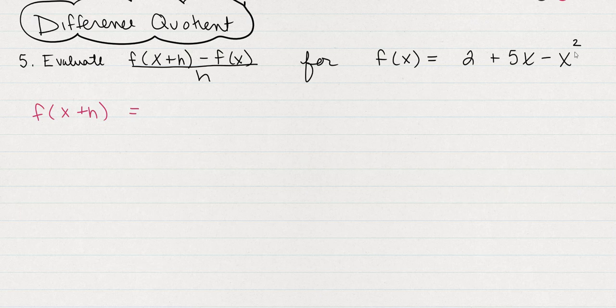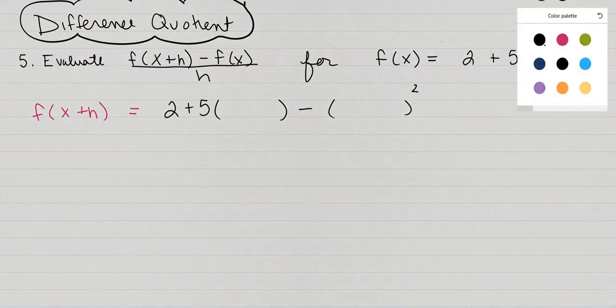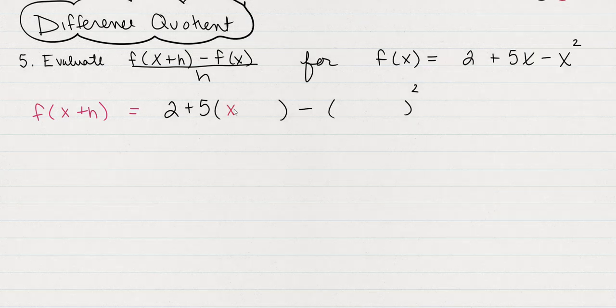And to do that, I take the 2 plus 5 times x plus h minus x plus h squared. So I'm replacing the x with x plus h, right? Replace all the x's with x plus h. So we have 2 plus 5 times x plus h minus x plus h squared.